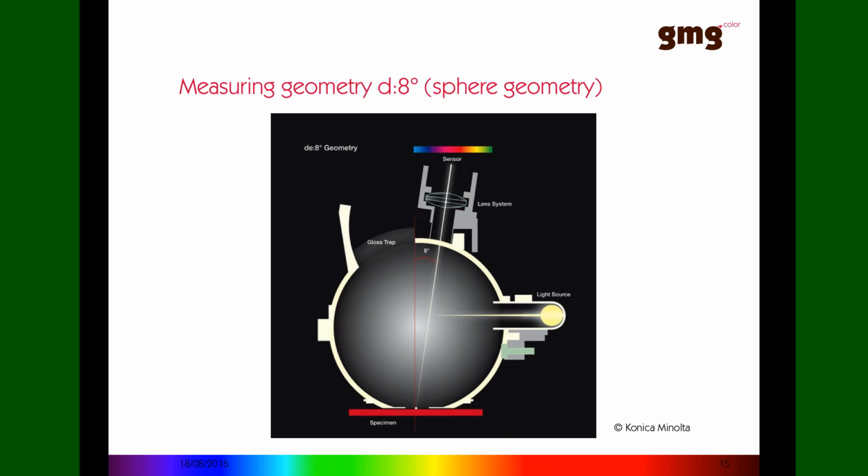And you see the sensor, in this case, it's at an 8-degree angle, and at the opposite angle of also 8-degree, you have a gloss trap. So here, the light isn't reflected, which means that the sensor doesn't get influenced by direct reflection of light. So it just gets the whole illumination of the specimen without direct reflection.